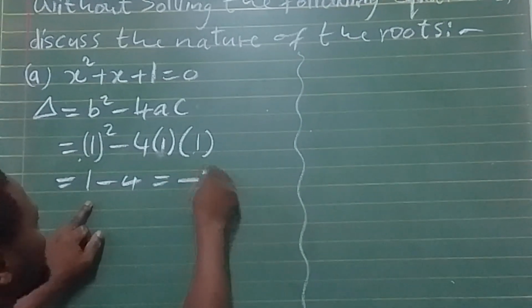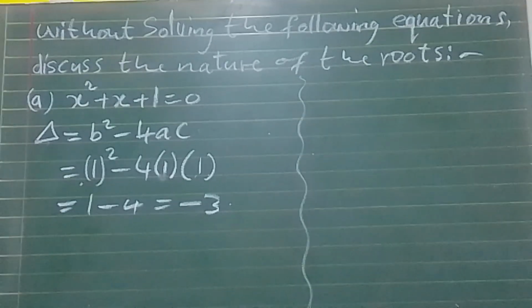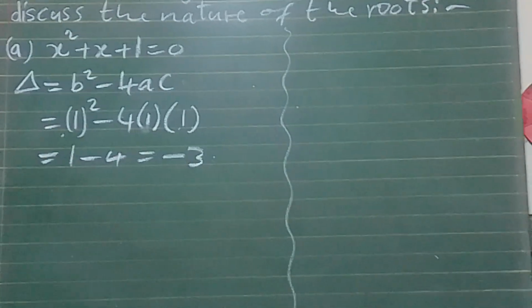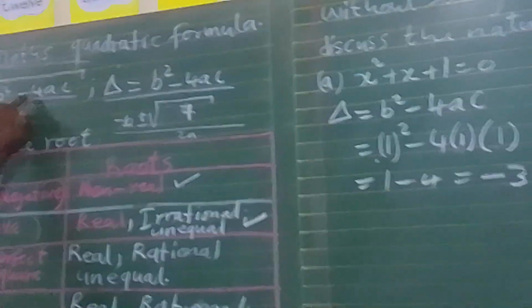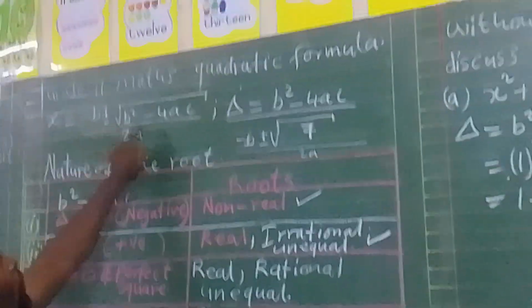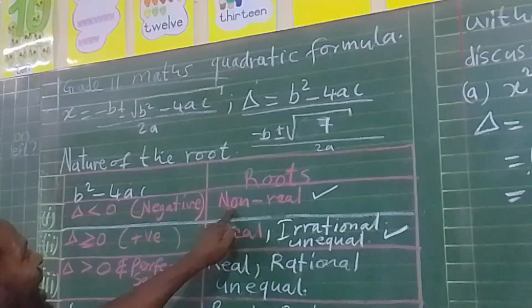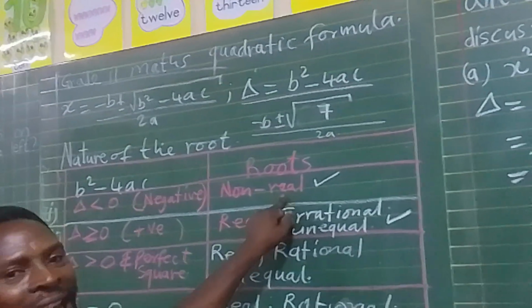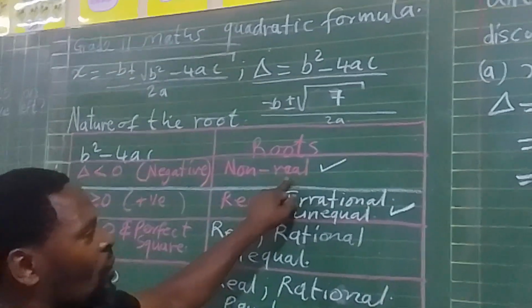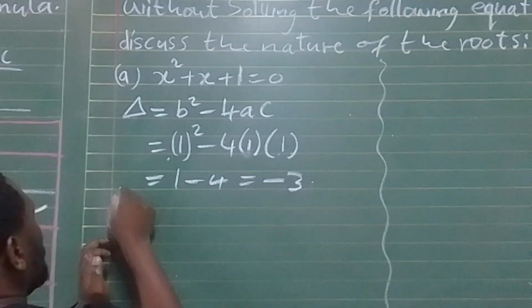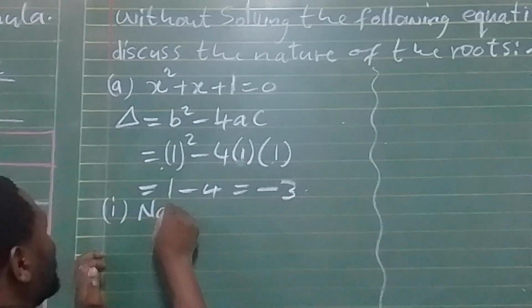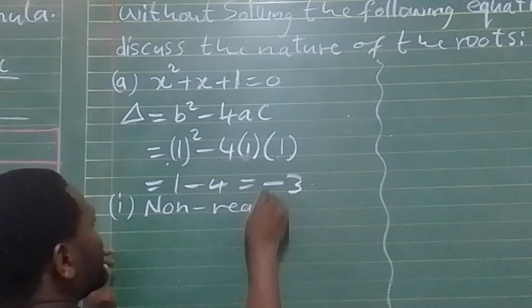Which is minus 3. When you have a minus 3, you put it inside the root form. You are going to get a non-real number. It means that the nature of roots is non-real.